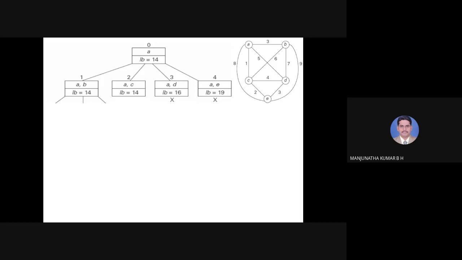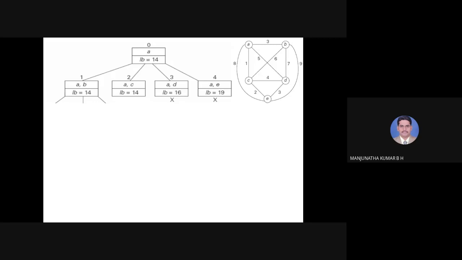Node 0 is the root node. When it is a root node, only one vertex is visited, that is the source vertex. I have taken A as the source vertex for this example. Hence, in node 0 I have written only A. In the next line, I have written lower bound LB equals 14.